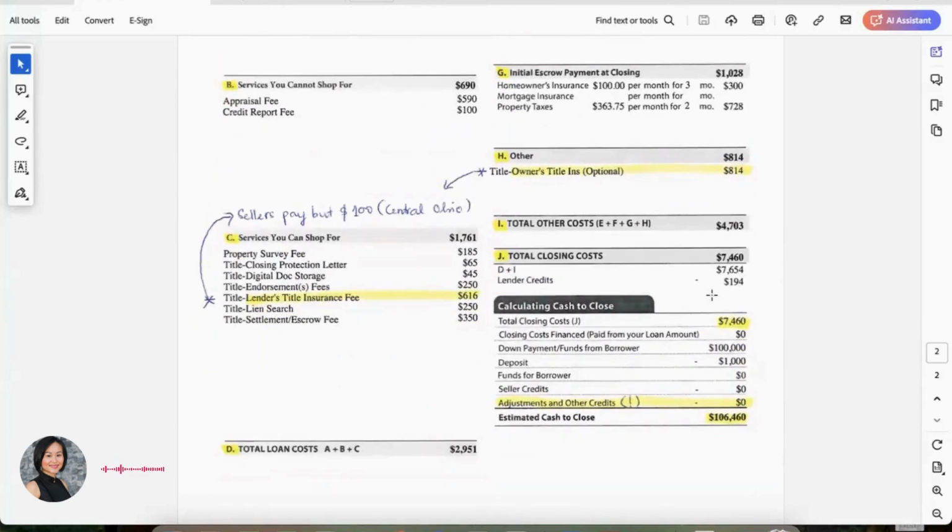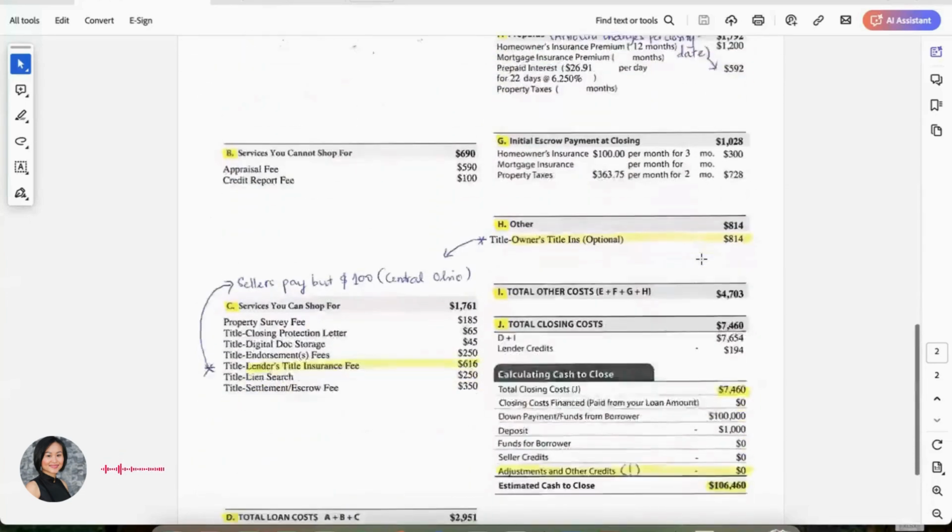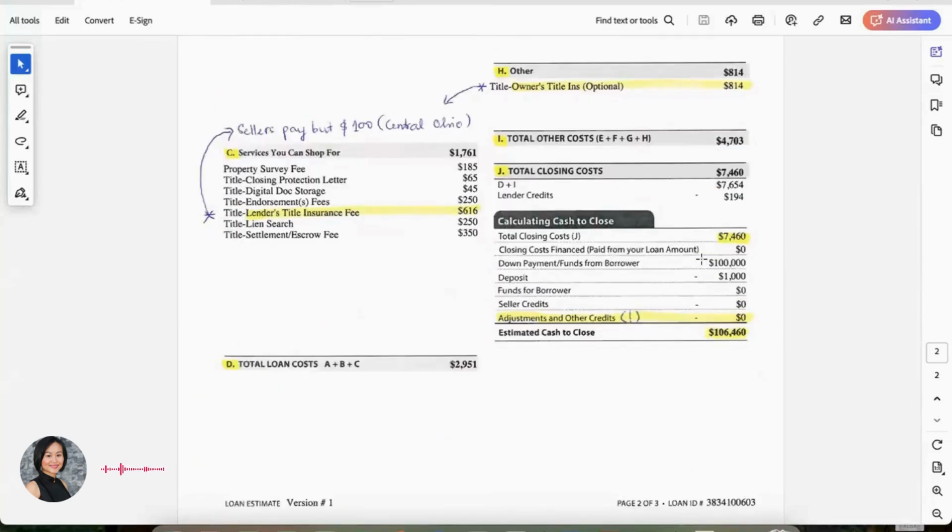As you can see, it's a little confusing because you might think, oh my gosh, I have to pay 7,400 closing costs. That's a lot. Well, you don't. Remember you have credit. Remember you have prepaid. Remember you have escrow. So when somebody asks about the closing costs, you don't want to really use the 7,460 as a number, but you have to understand the breakdown the way I just walked you through. Okay? So that is the closing cost.